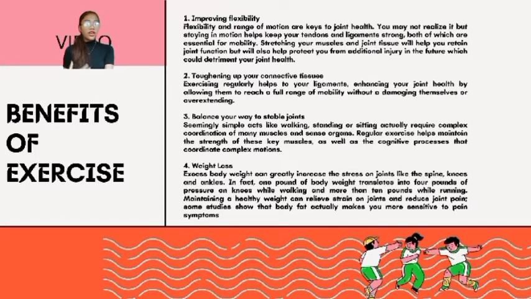Both muscle strengthening and aerobic exercise can help to strengthen these tissues, and the more they are stimulated, the less likely you are to have a joint-related injury. Sinabi ko kanina. Then, third is balance your weight to stable joints.